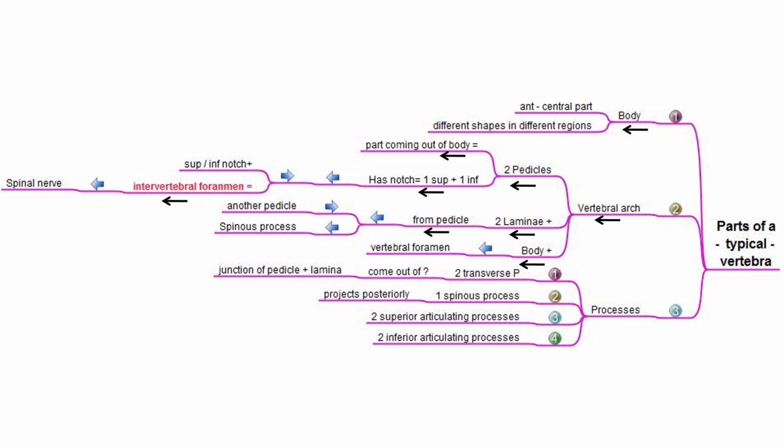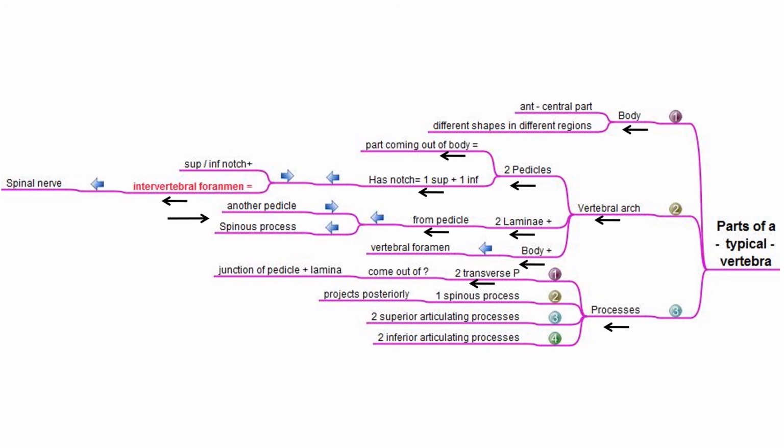Then we have two laminae. They come out from the pedicle, and a lamina plus a lamina meet in the midline and form the spinous process.